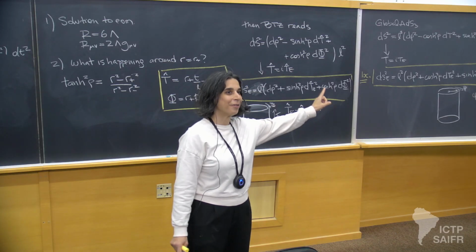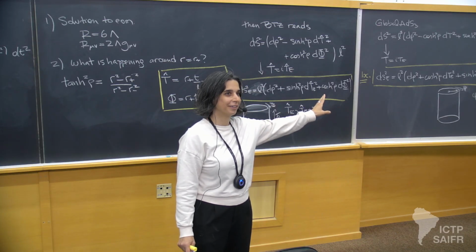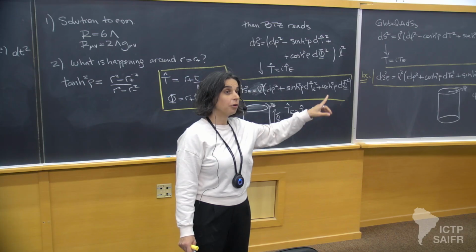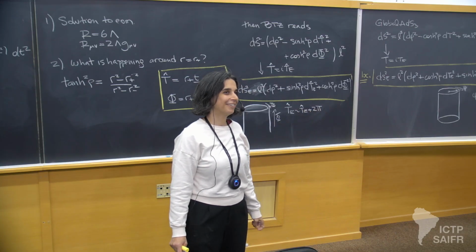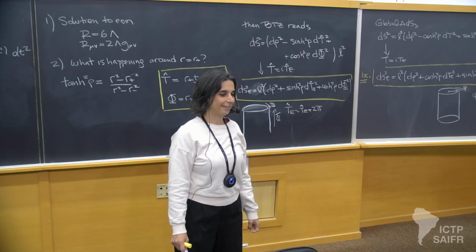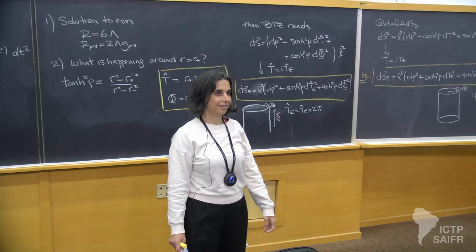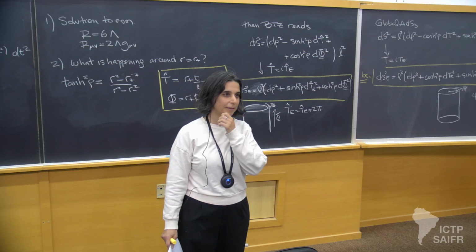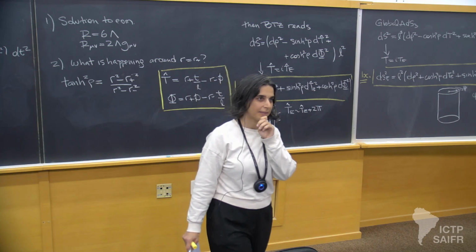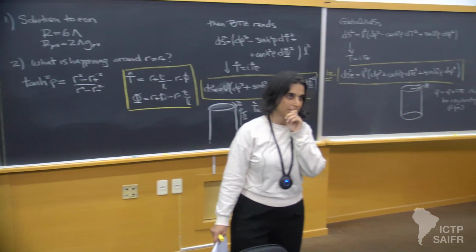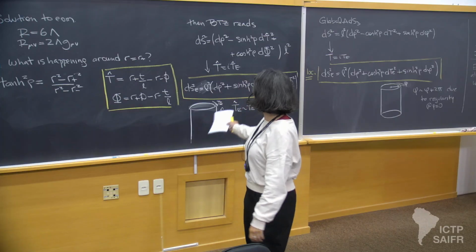Now I'm going to compare to global AdS₃. No, it's going to be a torus. You're trying to characterize the topology of this solution around this point? No, I haven't made any compromise.